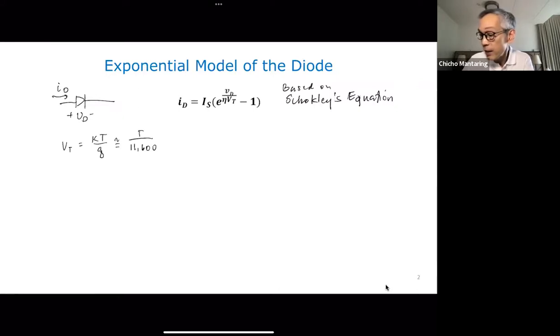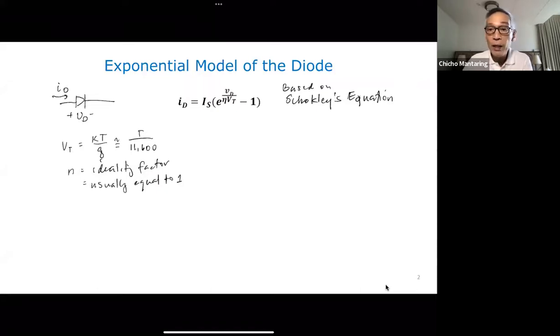Then yung eta natin, this is your ideality factor. This is a function of how well the diode is manufactured, and usually we say this is equal to 1. It's equal to 1 for a well-manufactured diode, and it is usually a well-manufactured diode, especially when the diode is in an integrated circuit.